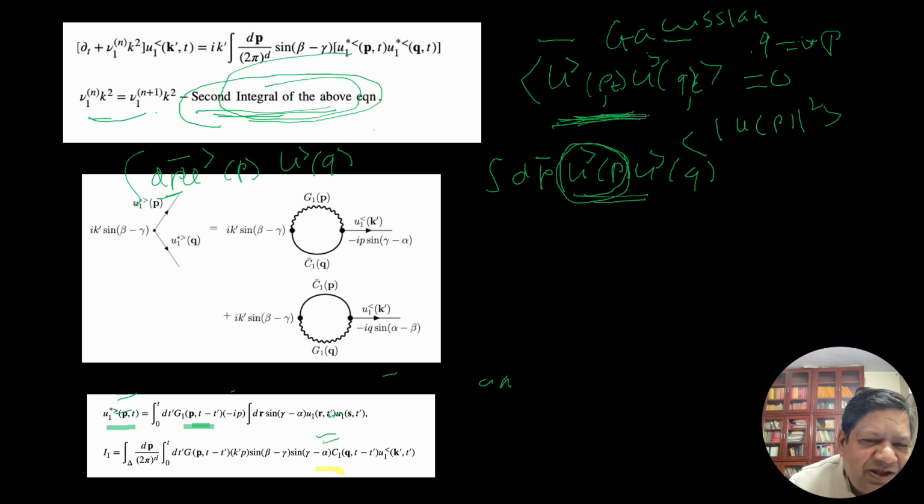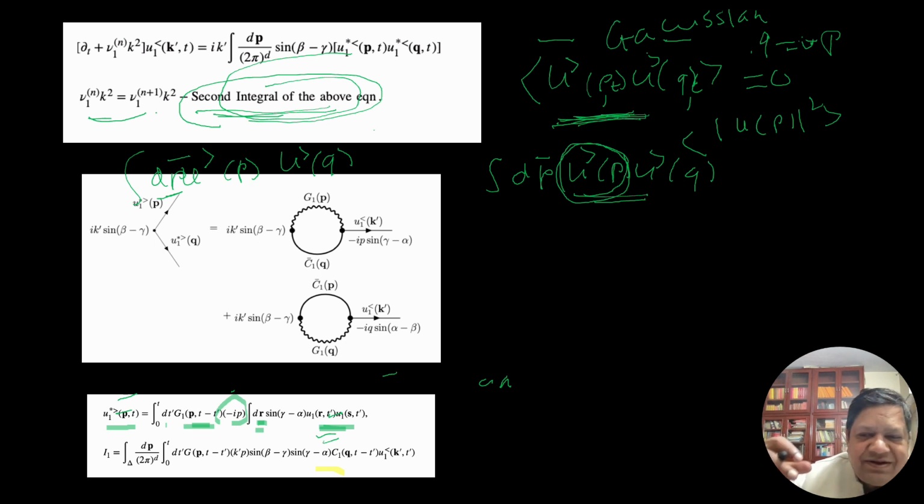This vertex for P is going to be iP, and this convolution integral comes with dt prime, and this is what is there in front, and we have U1 R and U S. So this is the convolution part. I have missed out this 2 pi to the power d here. This should be there.